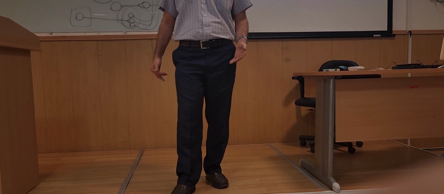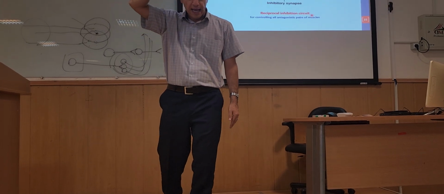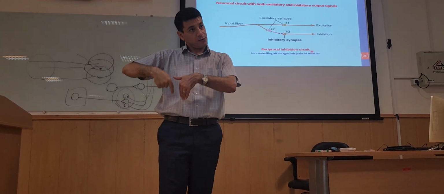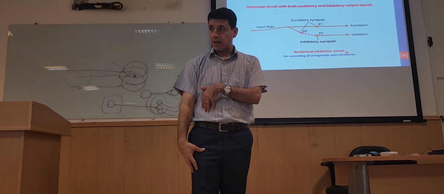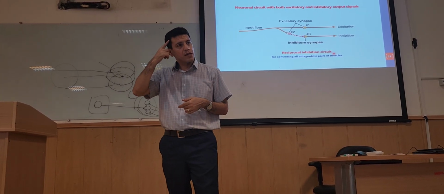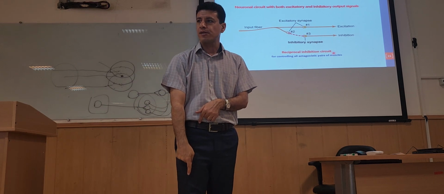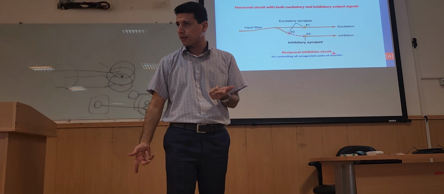So the brain sends a signal to the leg, first to the spinal cord, then from the spinal cord to the leg. Basically, we need two versions of signals. One signal for activation of agonist muscles, another signal for inhibition of antagonist muscles.